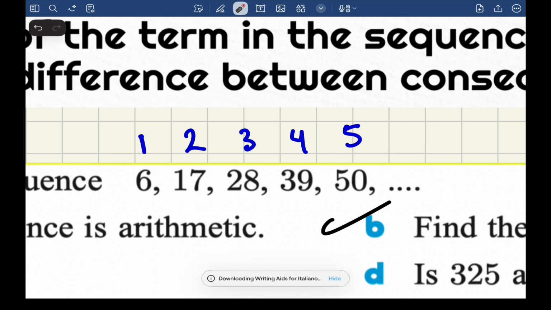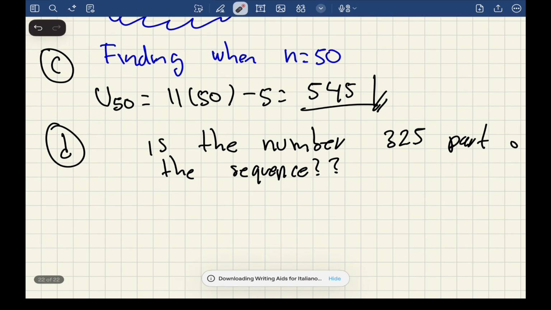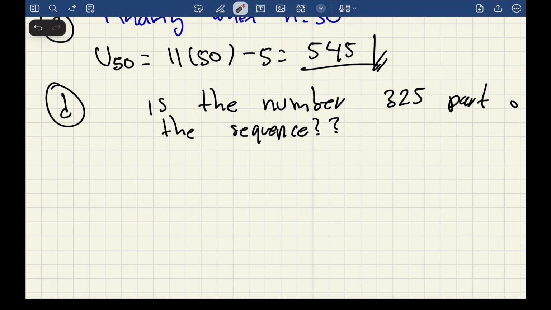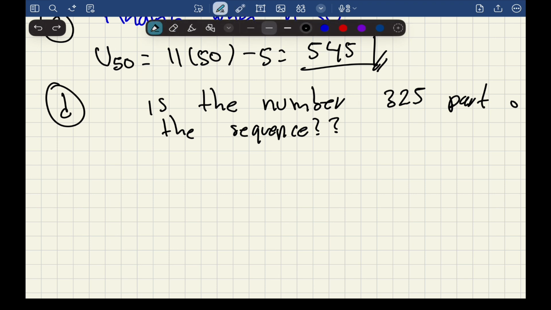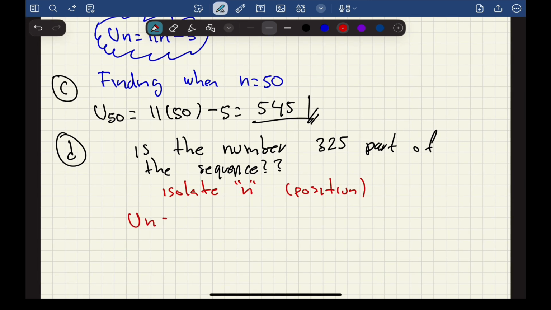This doesn't exist. So what we can do is isolate n, the position, and verify if the position has decimals, it is not part of the sequence. If the position is an integer, yes, it is part of the sequence. So if you remember, we have a formula for this specific exercise: un is 11 times n minus 5.